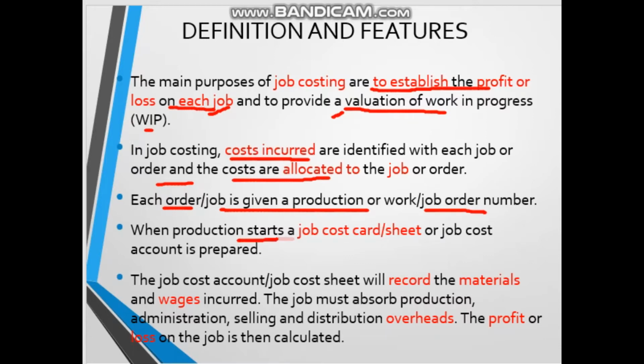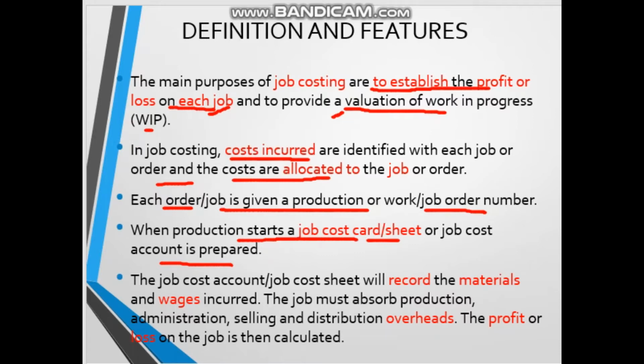When the production starts, a job cost card, job cost sheet, or job cost account is prepared. We are going to record everything for the cost and other related things that we have to pay for that job.